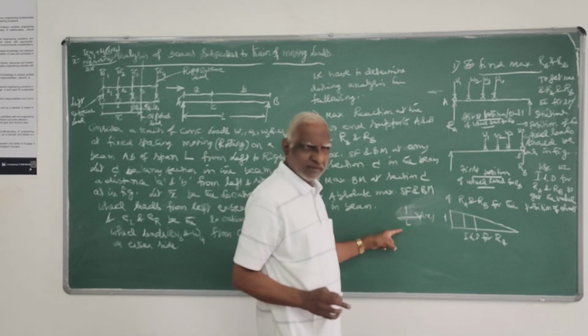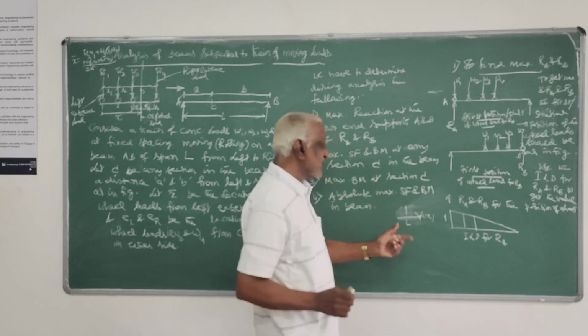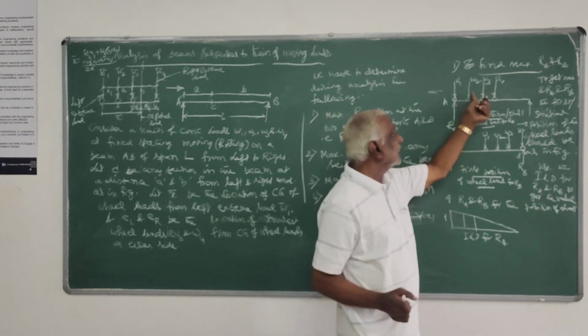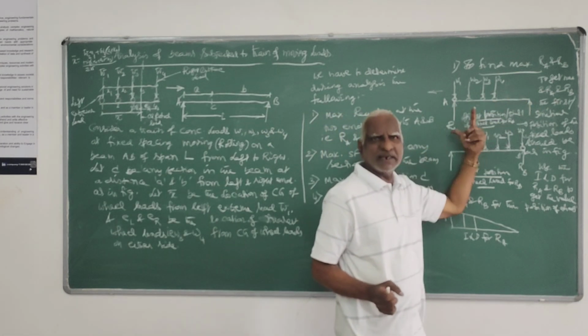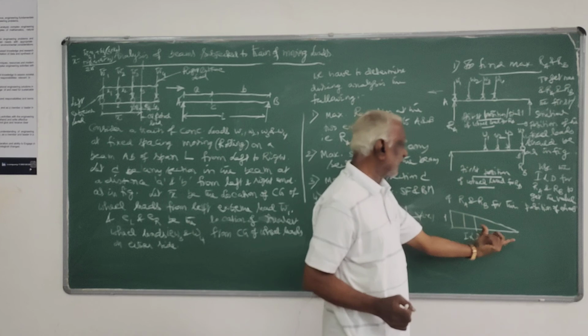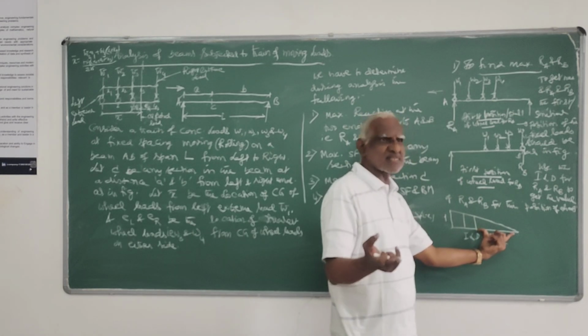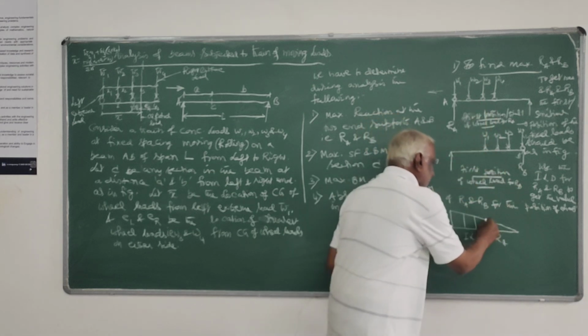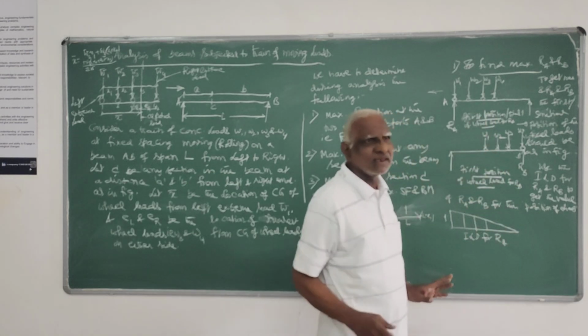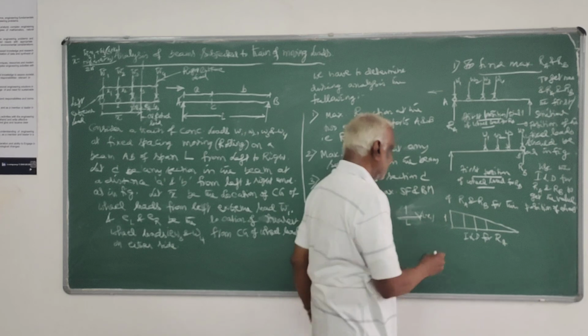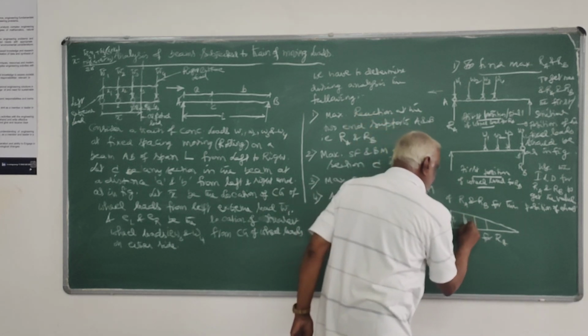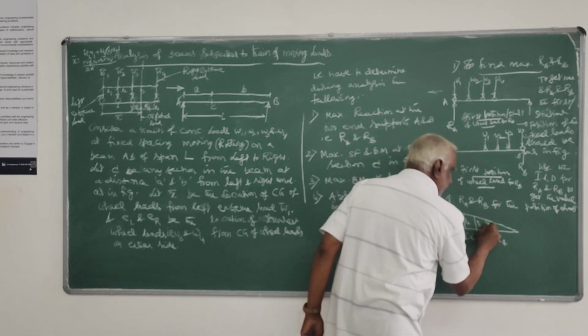First, keep the 1 divided by L value, then simply multiply by the distances of other loads from the right extreme. This you multiply by L minus x1, this by L minus x1 plus x2, the other one by L minus x1 plus x2 plus x3. You will get these ordinates. So this is y1, y2, y3, y4.